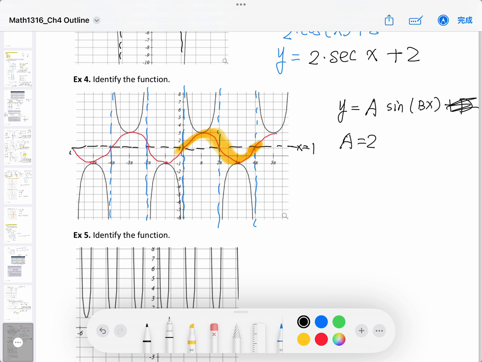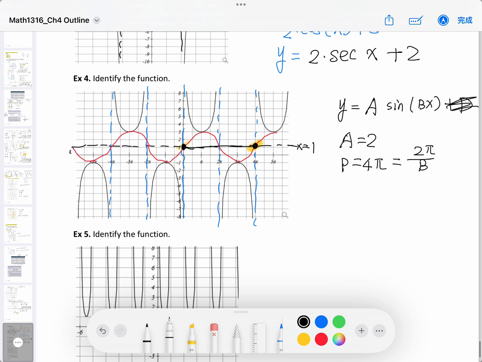How about the b? Okay, let's see. I want to make it clean. So from this point to this point is one full cycle, and the one full cycle, the x value is 4 pi. That means period is 4 pi. The formula is 2 pi over b, and b must be 1/2.